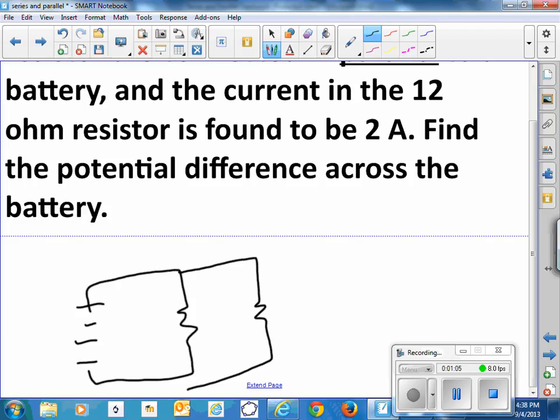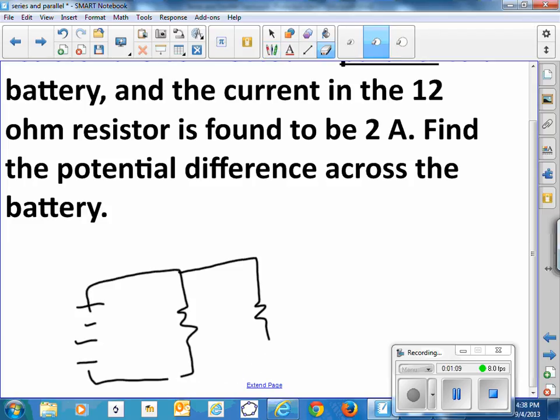So there are two paths through which the current can flow. So those are connected right there. That's often how they show that two wires are connected, is they put a dot. It reminds people of a solder blob.